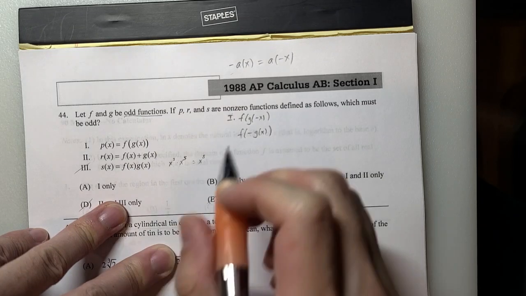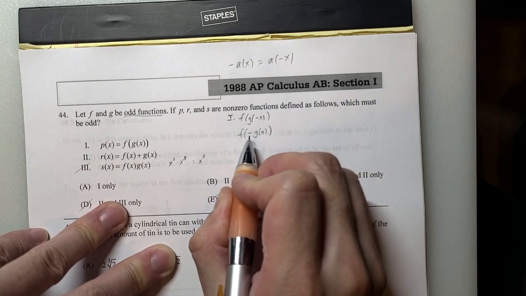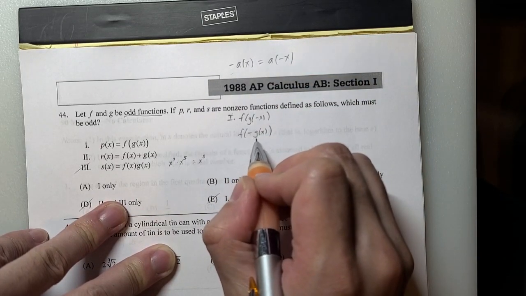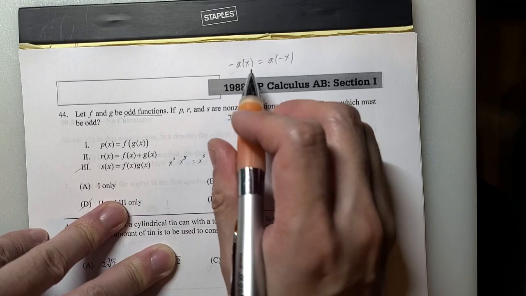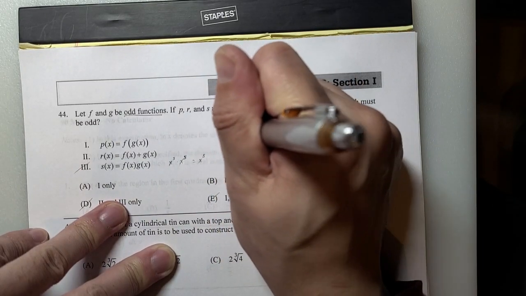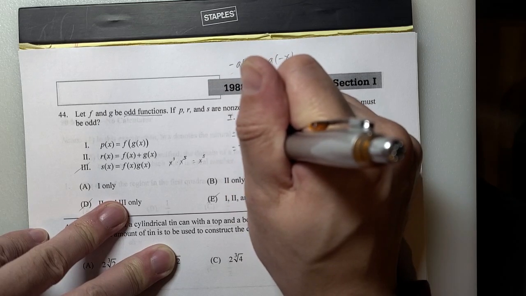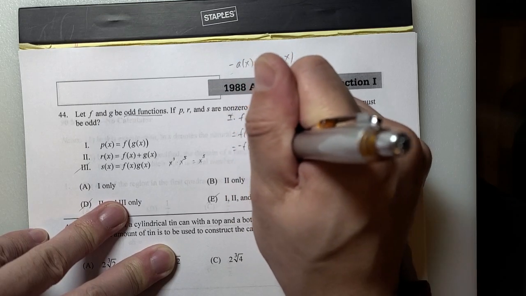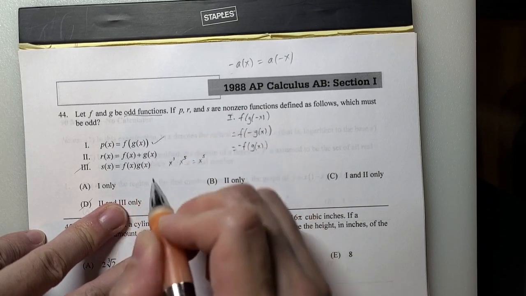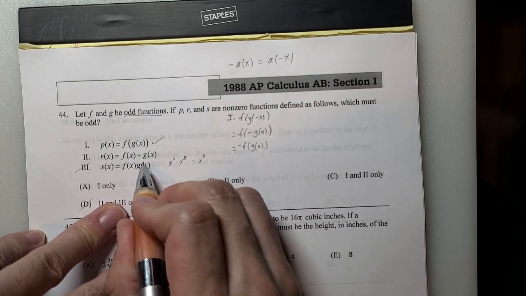Since f is also odd, this is just minus 1 times g of x. So it's similar to here. It'll be negative f of g of x. So this is true. How about this one?